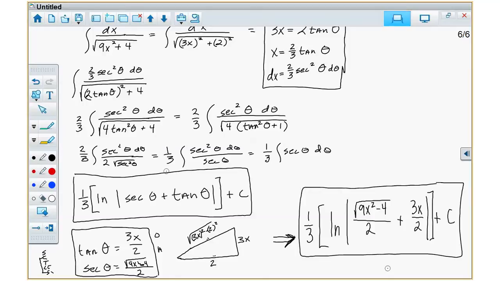So the antiderivative of dx over the square root of 9x squared minus 4 is all that. So you kind of could say, I don't know if that's grammatically correct, that this is kind of integration by quotient rule. Could you? A little bit? Because aren't you dividing?